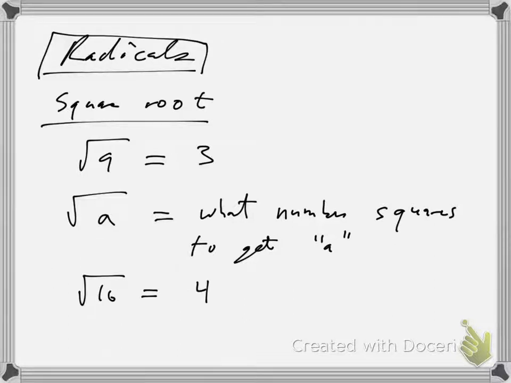Now, where things get a little bit tricky, okay, is when we do things like the square root of 2. Well, there's no whole number that I can square to get 2. 1 squared is 1. 2 squared is 4.